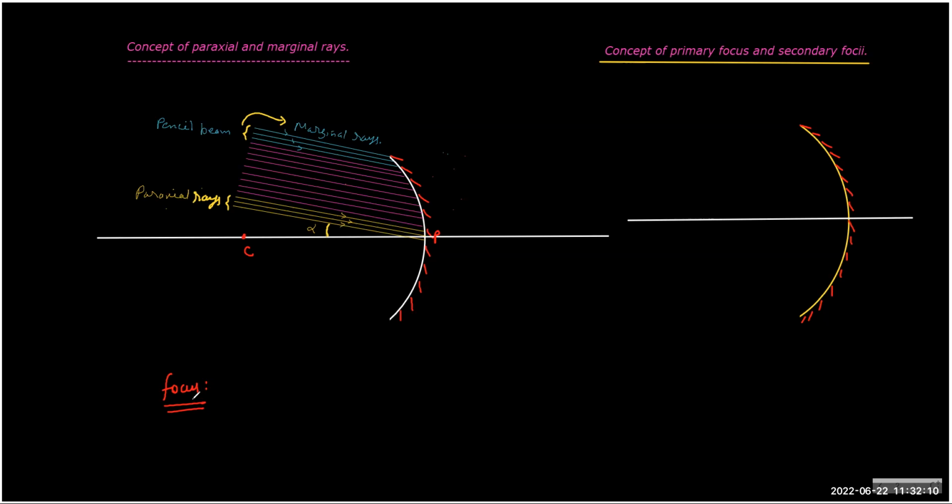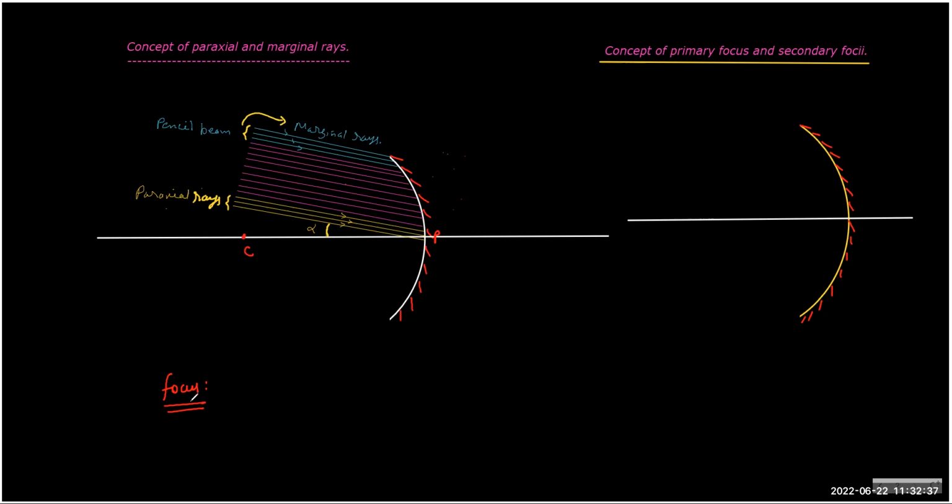Now what we want to define is focus, but that is not a geometric construct. So focus depends on the beam, the light. So to understand the concept of focus, we need to go deep. We need to go back to the laws of reflection.